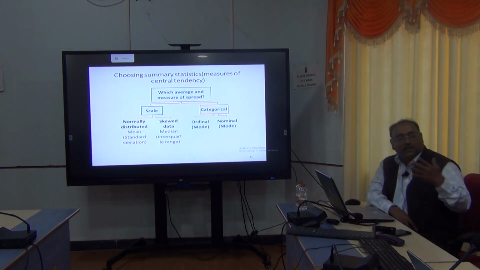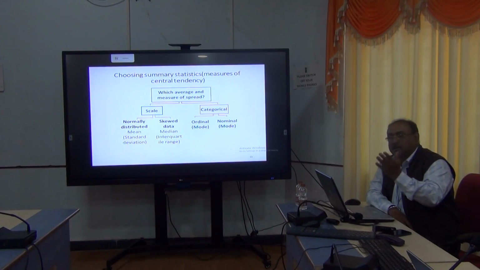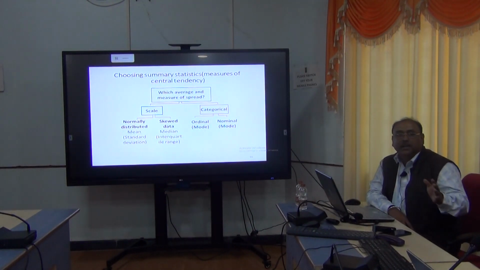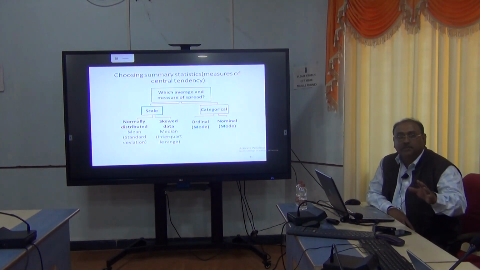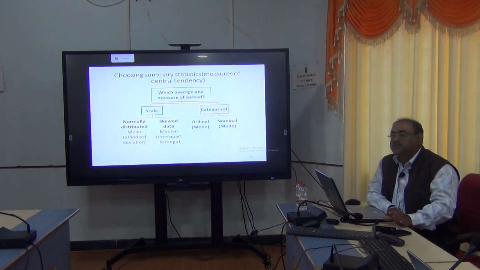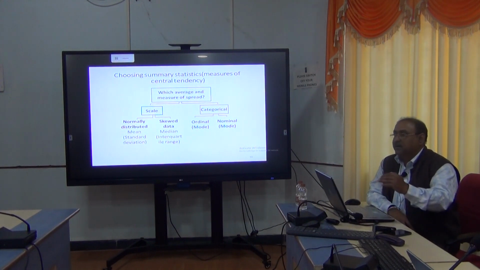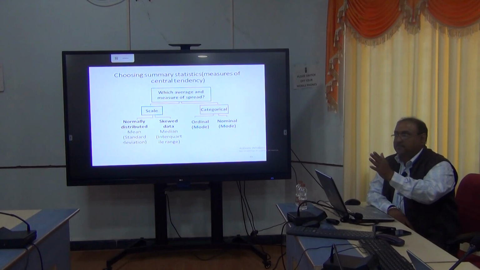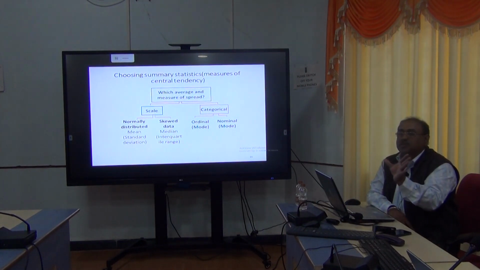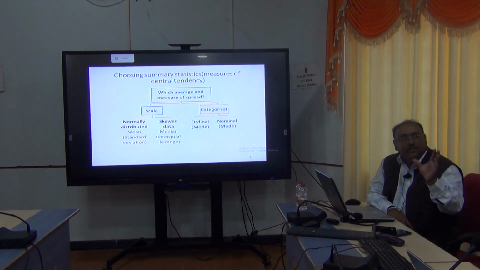Then there are logarithmic transformations and other things. The easiest way, which many people don't use thinking they will miss some observation, is the truncated mean. Truncated mean means you take out the extreme values at the two ends.